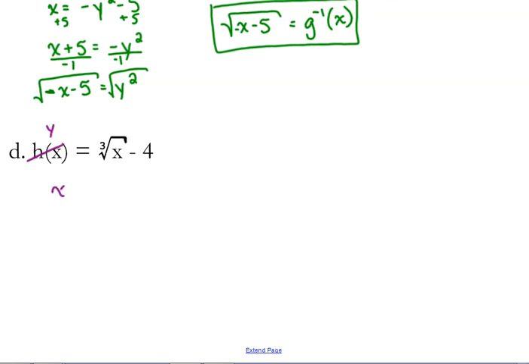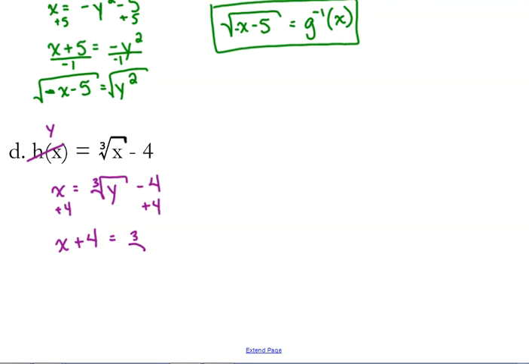All right, so when we switch x and y, and we're trying to solve for y, we do not cube both sides first because the cube root of y is not by itself. It has to be by itself before we can do the opposite operation.